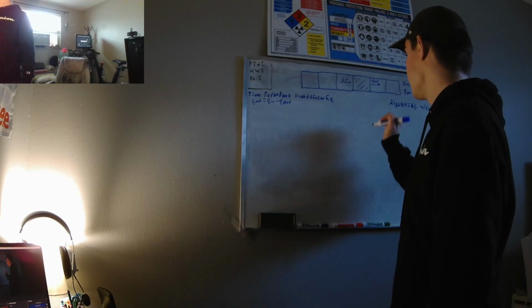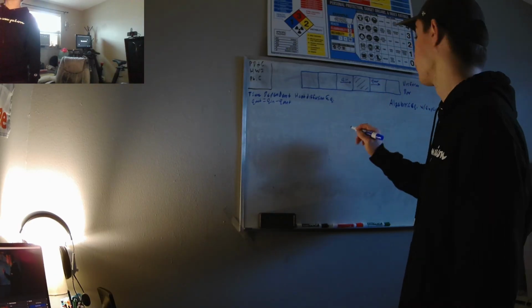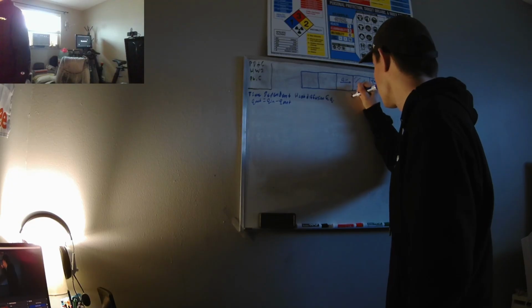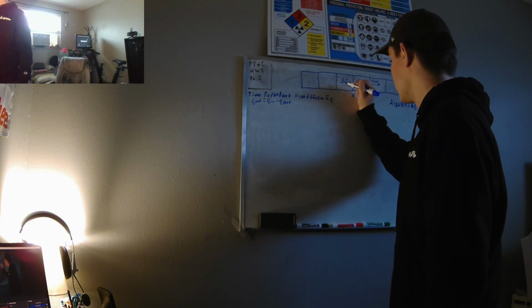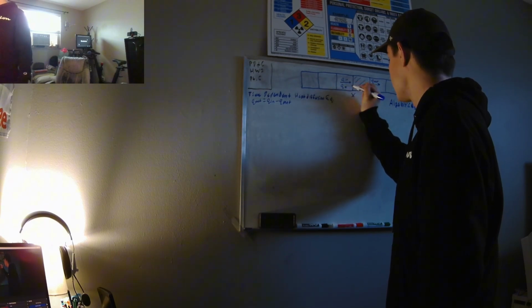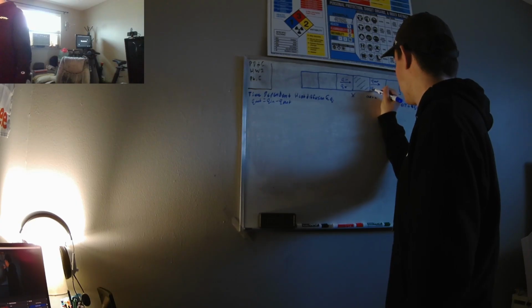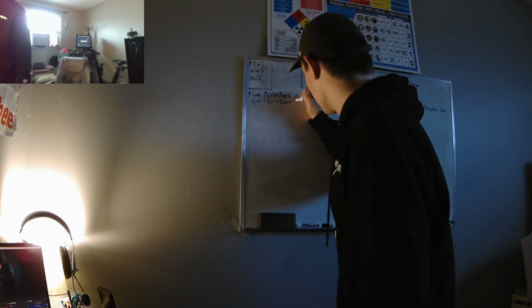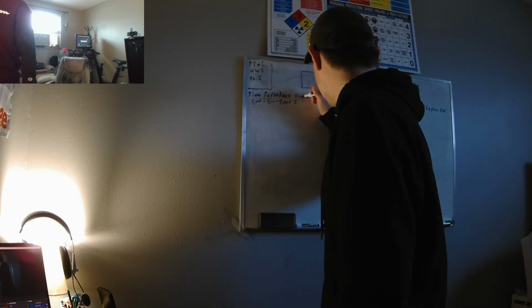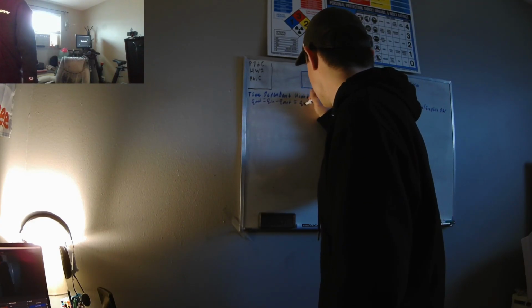And if we take into account that at this position along the bar we're at position X, and at this position we're at X plus delta X, we can say that Q in is actually our Qx and Q out is our Q at X plus delta X. Subbing this into our equation, we get our Q net is going to equal our Qx minus our Q at X plus delta X.